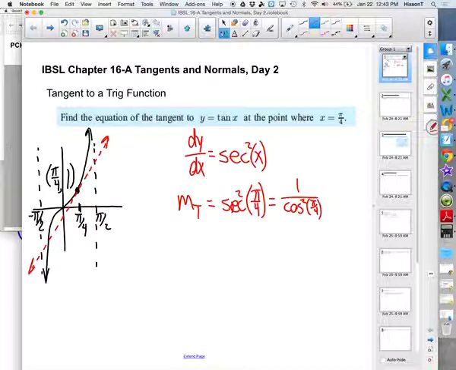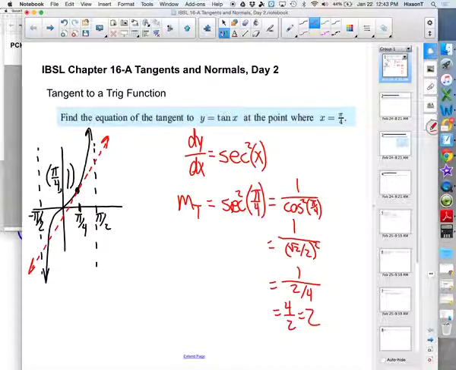And we already said the cosine of pi over 4 would be root 2 over 2, so that's what we're squaring. Well, that's going to be 2 over 4, and it's 1 over that, so that equals 4 over 2, which is 2.